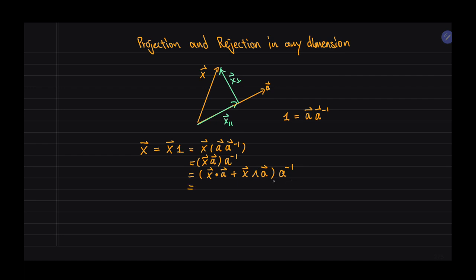So we can also write vector x dot vector a, geometric product a inverse, plus vector x wedge vector a, geometric product a inverse.